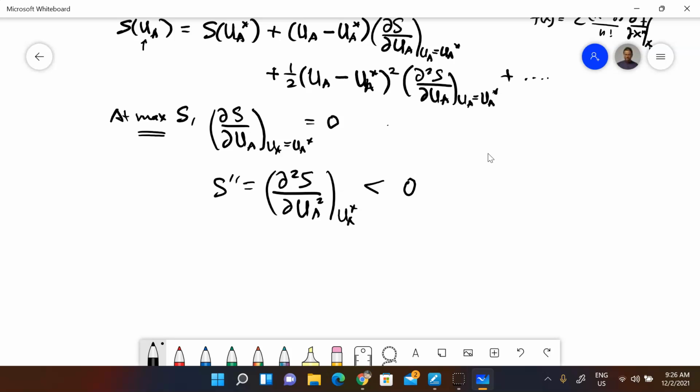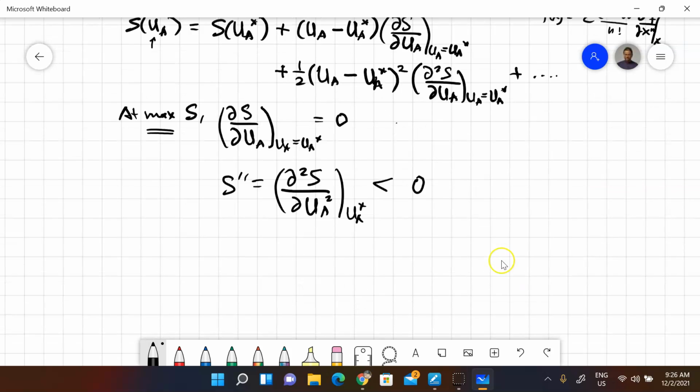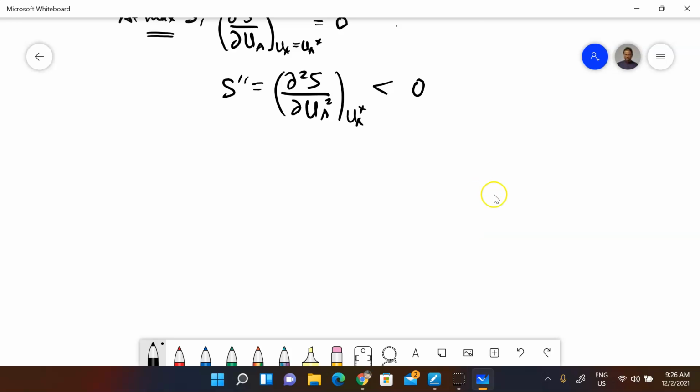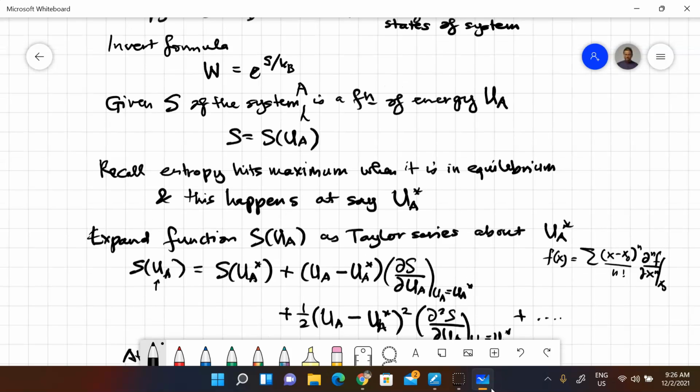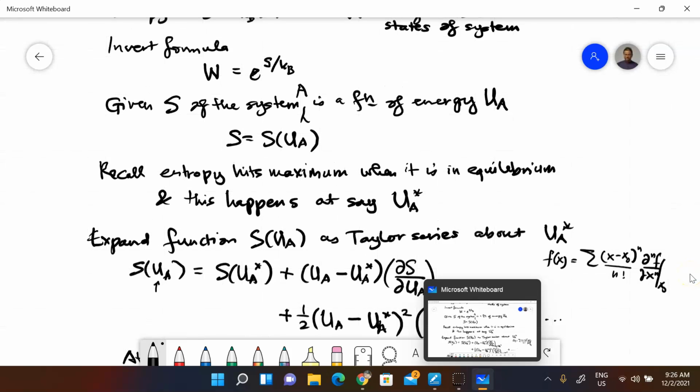Okay, so now the fact that we have expanded the entropy as a Taylor series about the energy for which the entropy is maximum, we plug back into this.